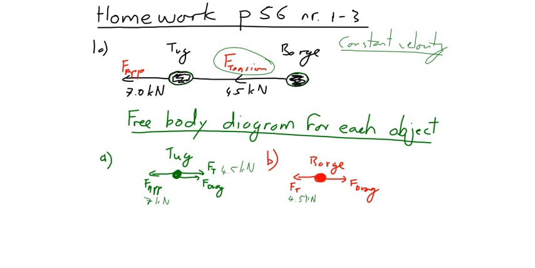So for this object to move at a constant velocity, my forces must be balanced. So how are we going to write this? If we want to do it according to a formula, we can say my net force is equal to 0. This means the sum of all my forces must also be equal to 0.